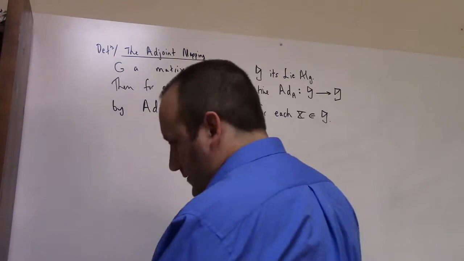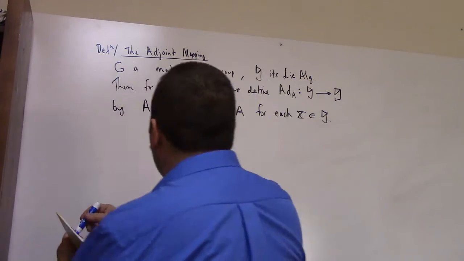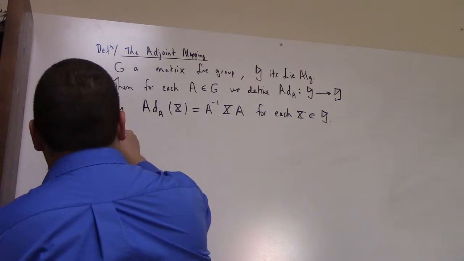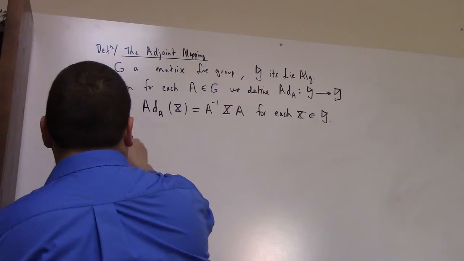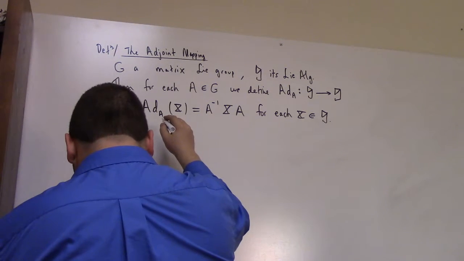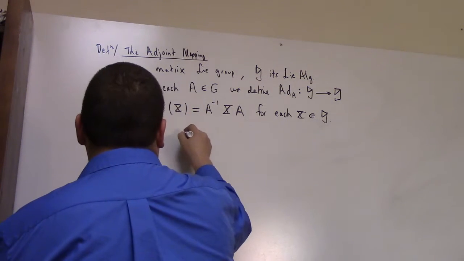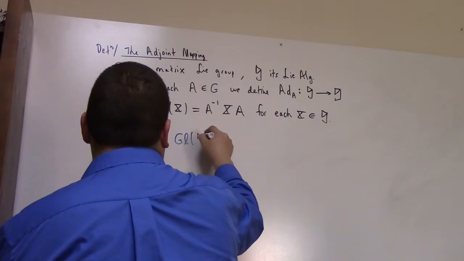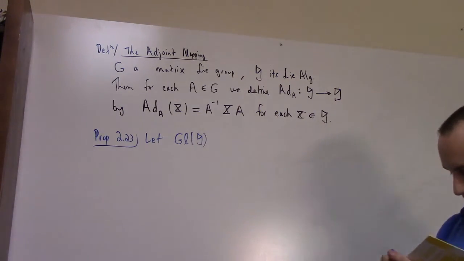Well, the proposition that follows tells us a little bit about it. Let's see what it says. So Proposition 2.23: we have G a matrix Lie group with Lie algebra frak G. Let GL of frak G be, before I tell you what this is, what should this be, guys?